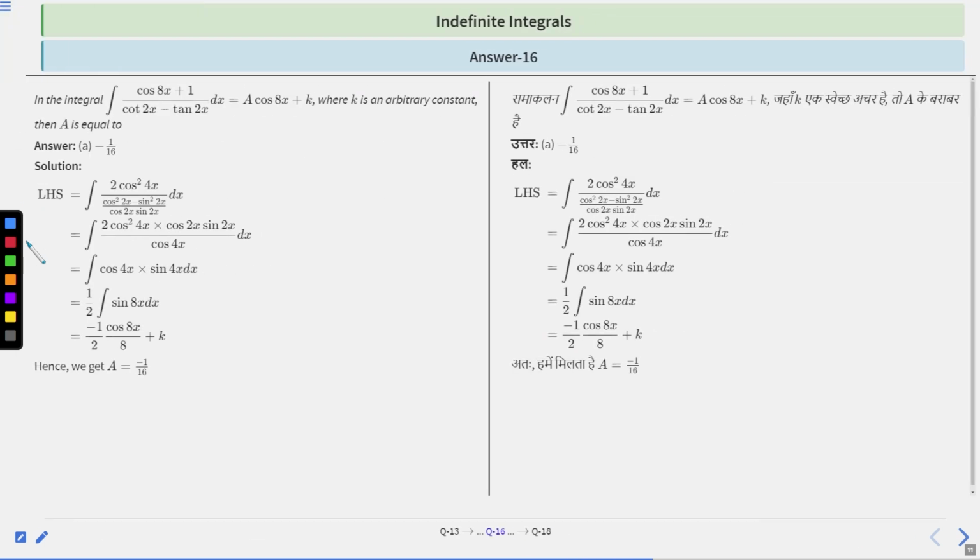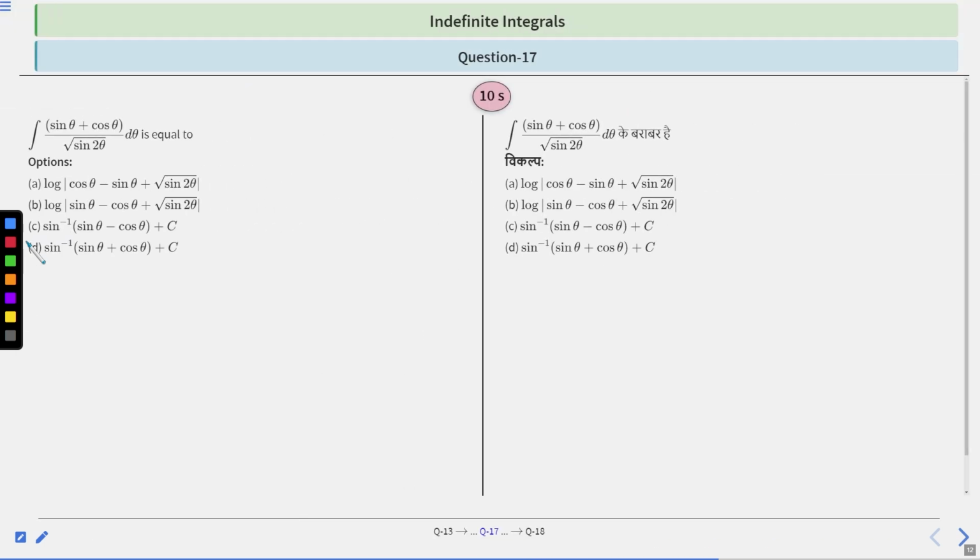Okay, let's move to the next question, question number 17, which says: the integration of (sin theta plus cos theta) upon root over sin 2 theta, d theta, is equal to. Now see, the hint of this question is you can convert either sin 2 theta in terms of sin theta and cos theta, or sin theta plus cos theta in terms of sin 2 theta, in such a way that you can easily get the integrable form of sin theta and cos theta.